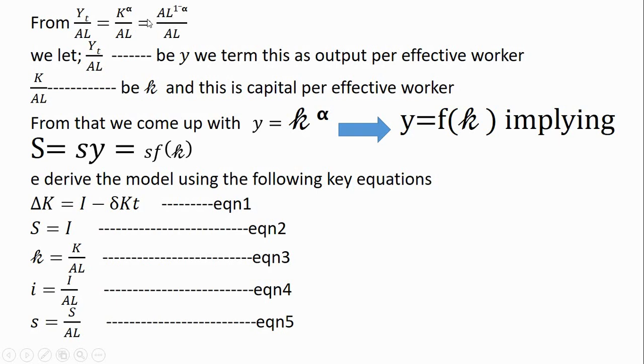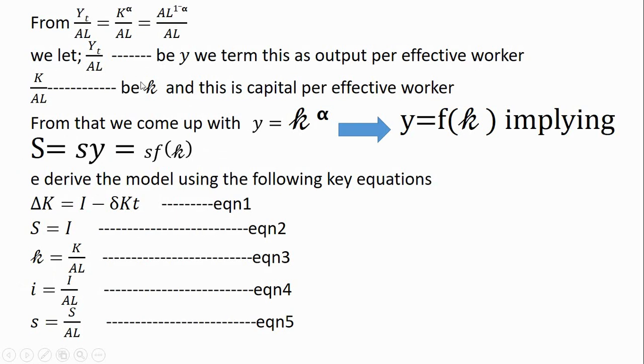This here is not supposed to be an equal sign, but a multiplication sign. We are supposed to be having Yt over AL is equal to (K over AL) power alpha, times (AL over AL) in brackets power 1 minus alpha.